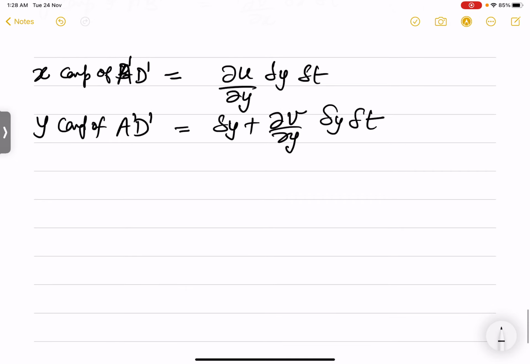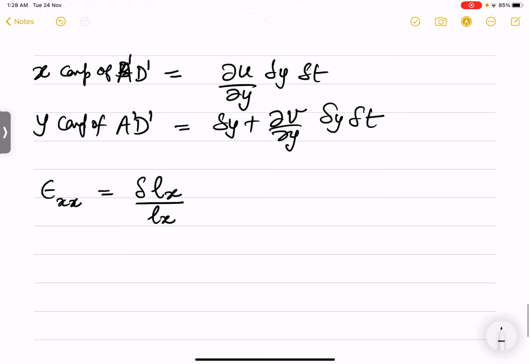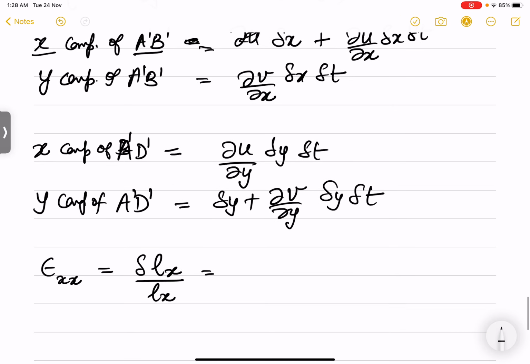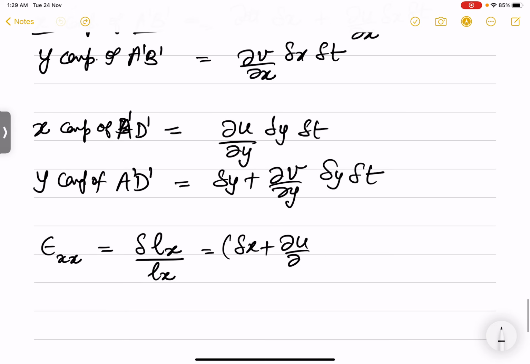Now if we want to find the strain in the x direction, epsilon xx, this will be the change in length in the x direction divided by the length in the x direction of the element. The new length in the x direction is delta x plus partial u by partial x delta x delta t.